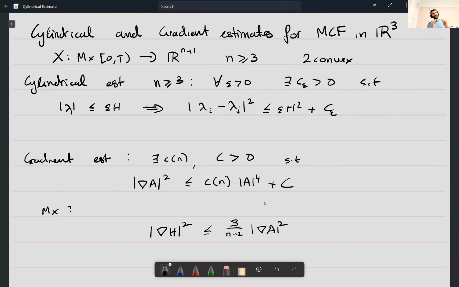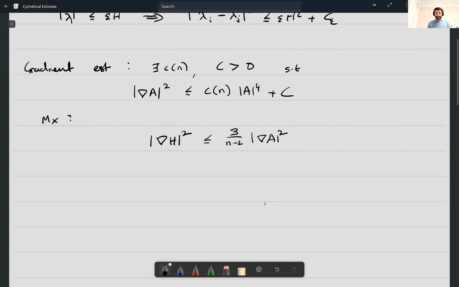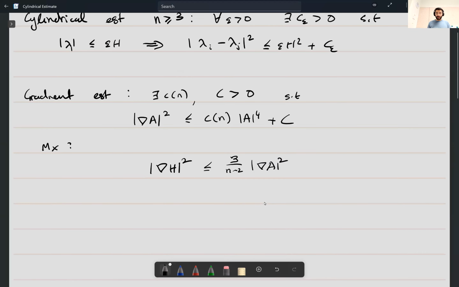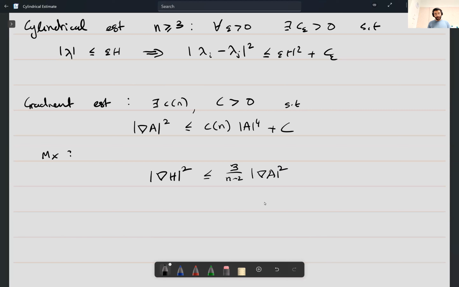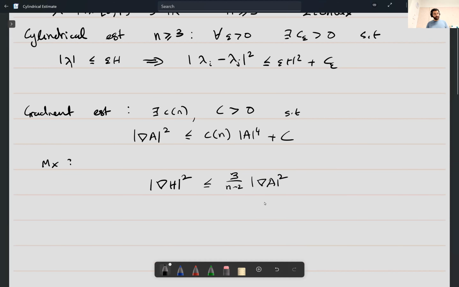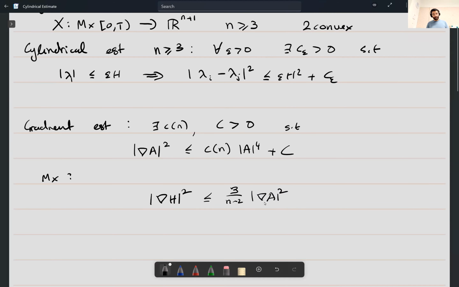Is the principal curvature the same as for a cylinder? That's what we should be asking in dimension 2, n equals 2. And for the gradient estimate, can we prove something like this? That's what we have to do in dimension 2.